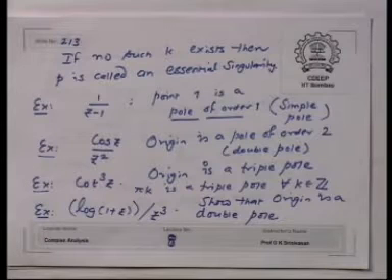When z naught is at most a simple pole of p(z) and at most a double pole of q(z), then you will say that z naught is a regular singular point of the differential equation y double prime plus p(z) y prime plus q(z) y equal to 0.